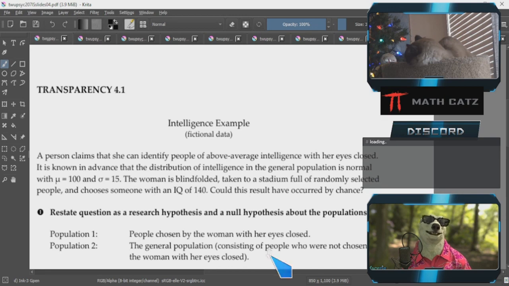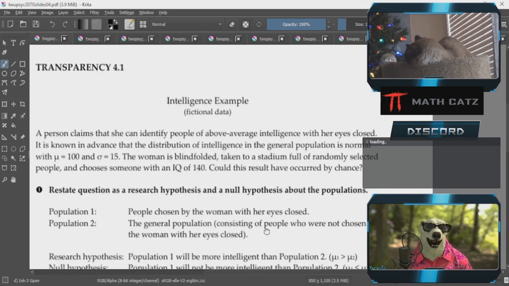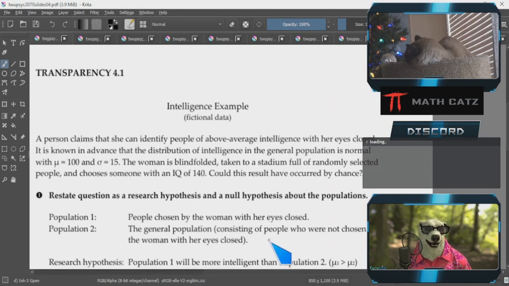And then we essentially want to figure out the following. Now, I'm going to hide a little bit of this. The research hypothesis, I view it as what I want to believe, but I don't know if I can. I want this to be the eventual conclusion. I'm just not sure, so I let the evidence help me make that decision.